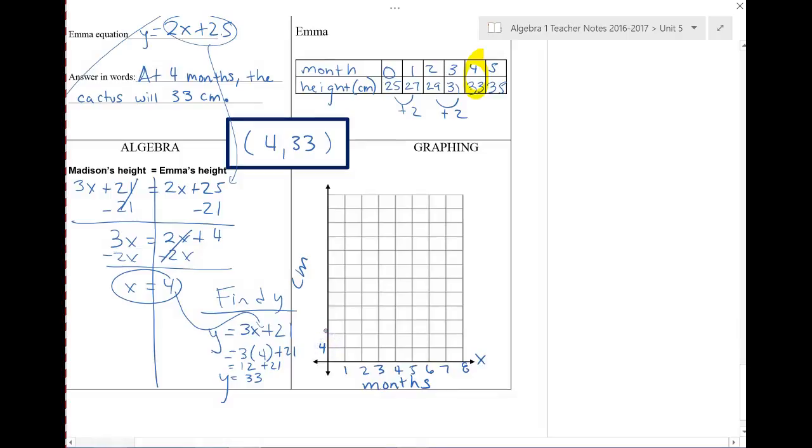And if it doesn't work, then we'll try something else. 12, 16, 20, 24, 28, 32, 36. Remember, we have to get up to 33 because that's our highest point. And then 40, 44.